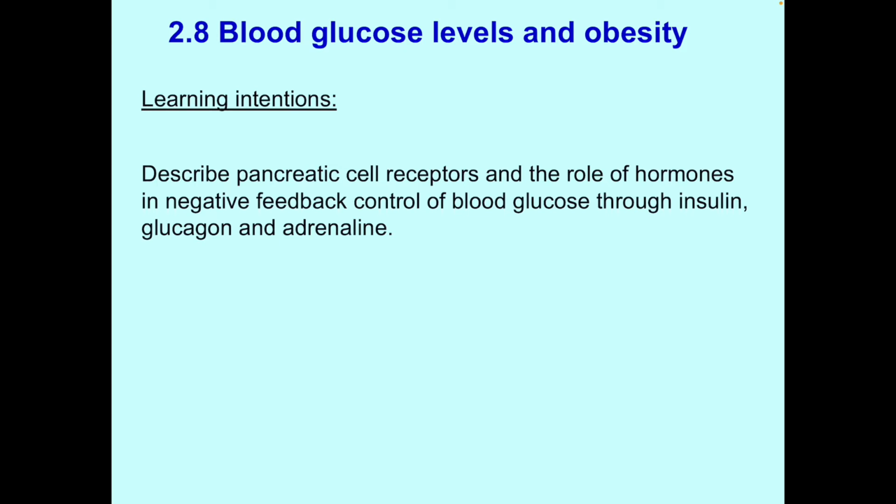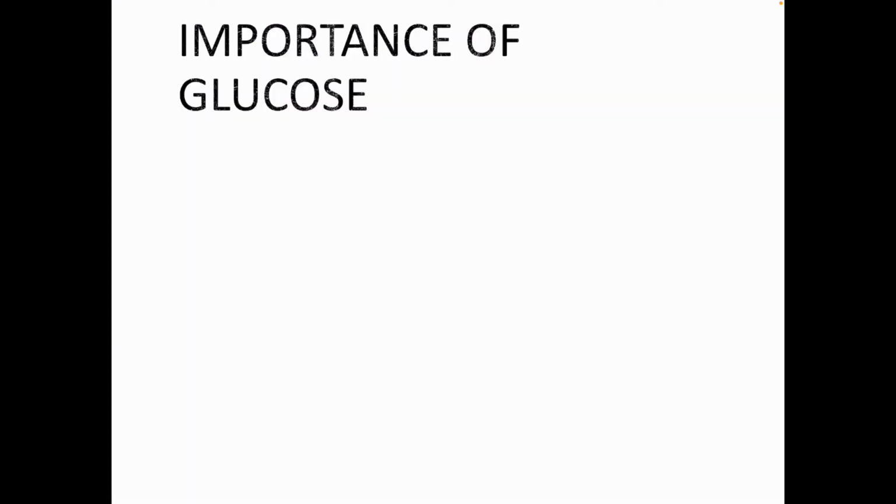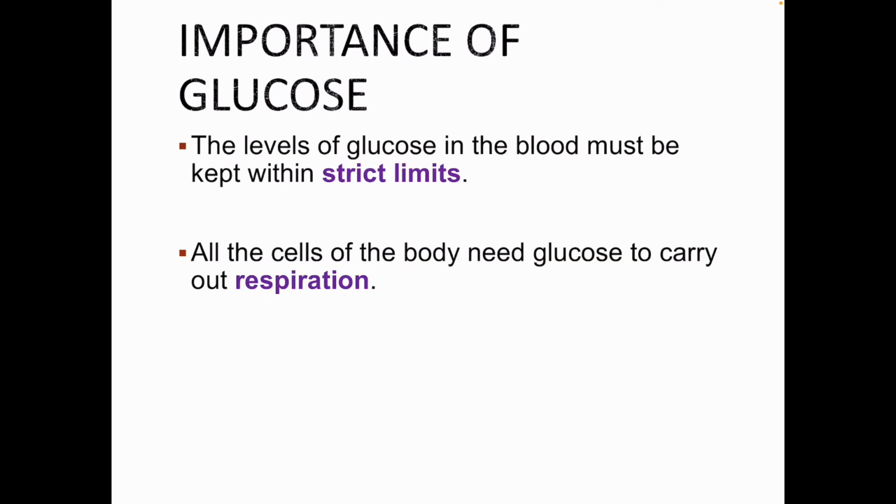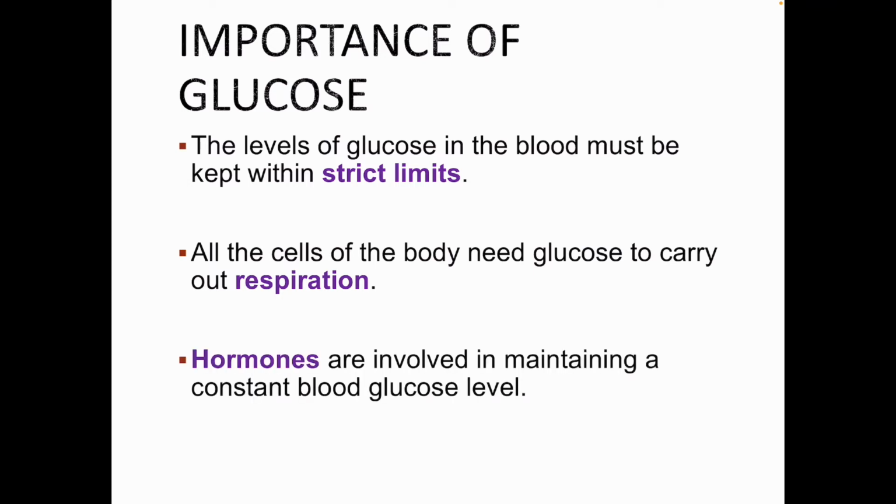We also need to be able to describe how the receptor cells in the pancreas and hormones are involved in the negative feedback control of blood glucose. All the cells in your body need glucose to carry out respiration. However, the glucose in the blood must be kept within strict limits.